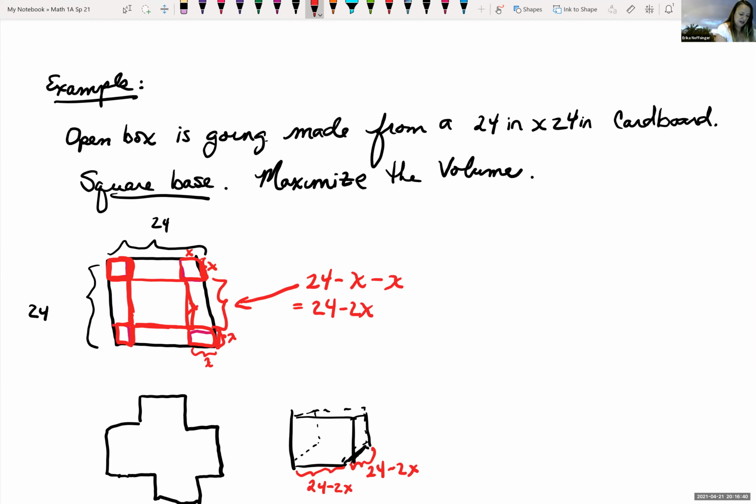And then we also need our height, because volume is equal to length times width times height. Well, that flap, that height we're using is actually X. So X is equal to the height.